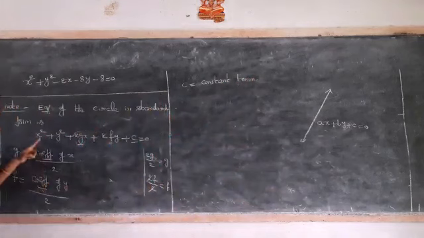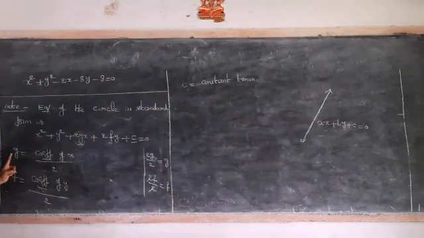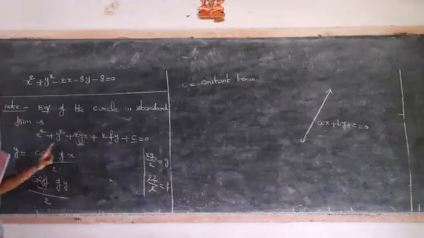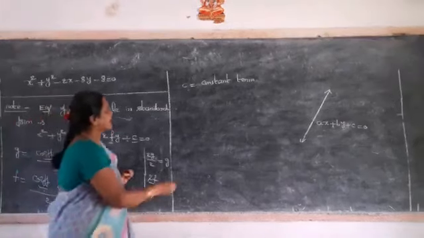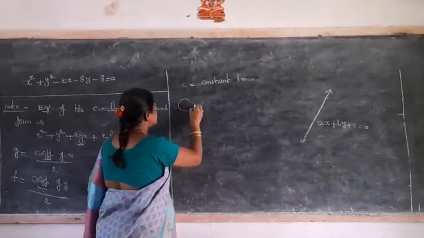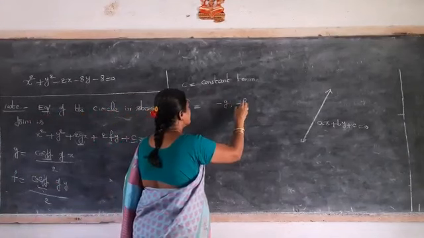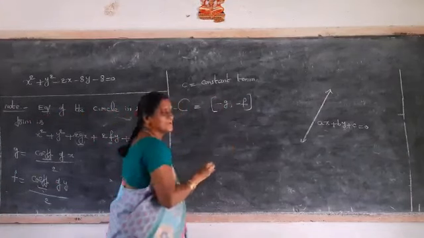Okay, from this equation we have got three formulae, that is g, f and c. Next, from this equation we write center. Capital C is equal to (minus g, minus f). This is the formula.